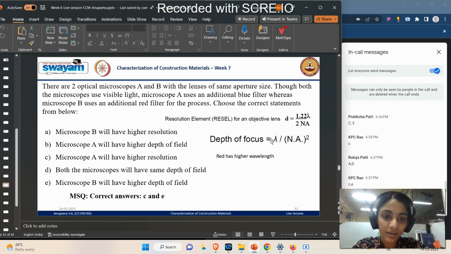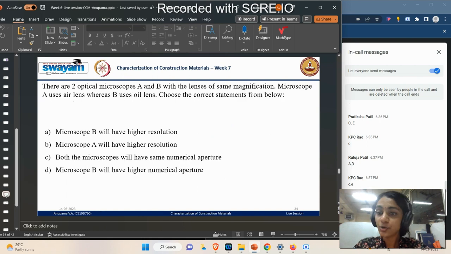Lambda is higher for the red filter. The red filter is used in microscope B, so B will have a higher depth of focus. I hope that is clear. For resolution, we need D minimum, and for depth of focus, we need maximum. Depth of focus is higher when the lambda is higher. Okay, so let's move to the next question.